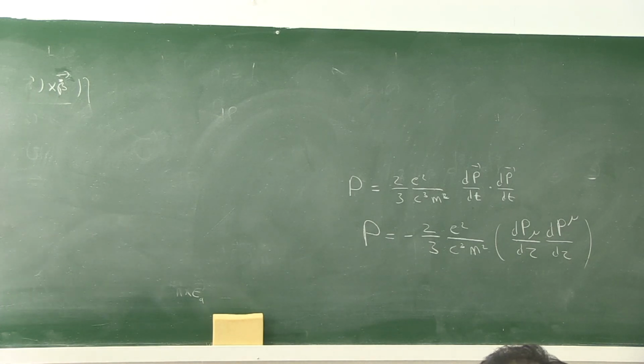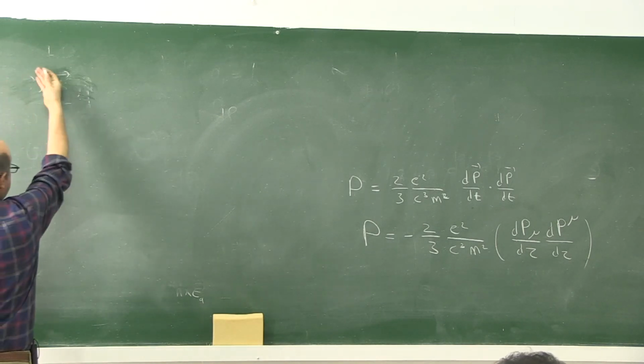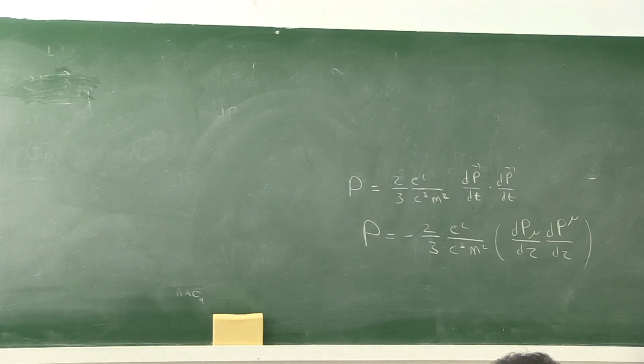So let us try to evaluate the scalar product of dp mu over d tau with dp mu over d tau.